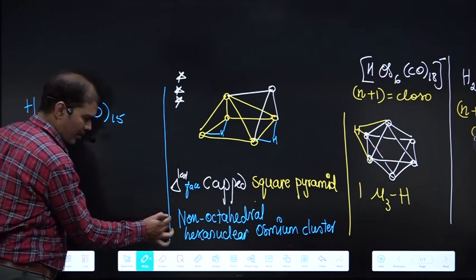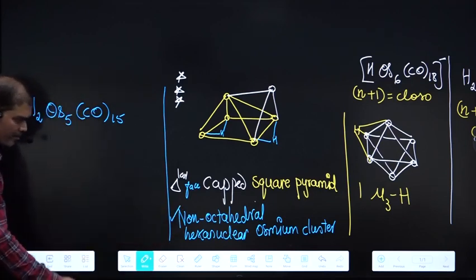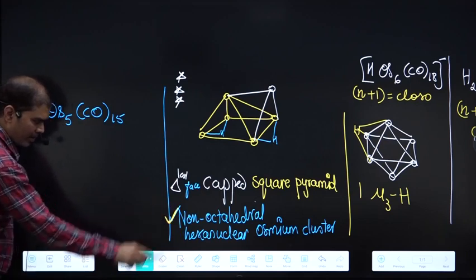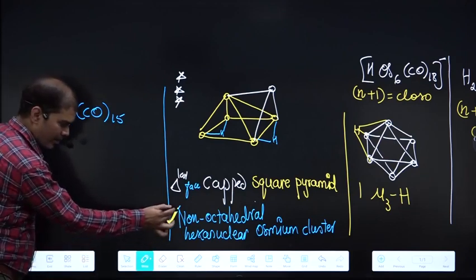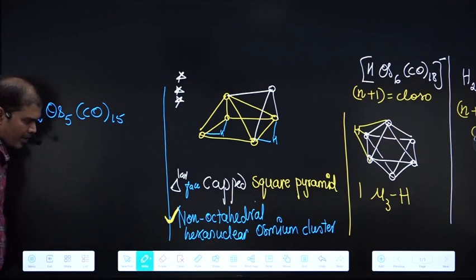But it is found to be a non-octahedral hexanuclear osmium cluster.